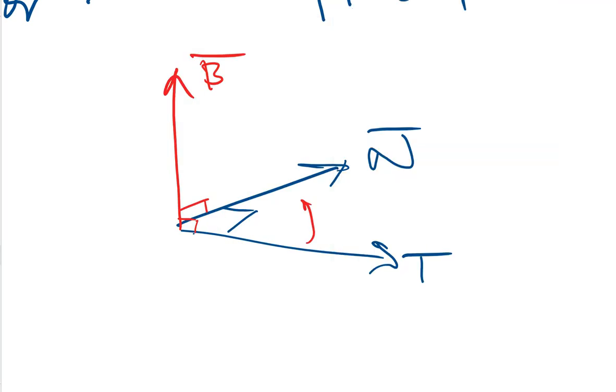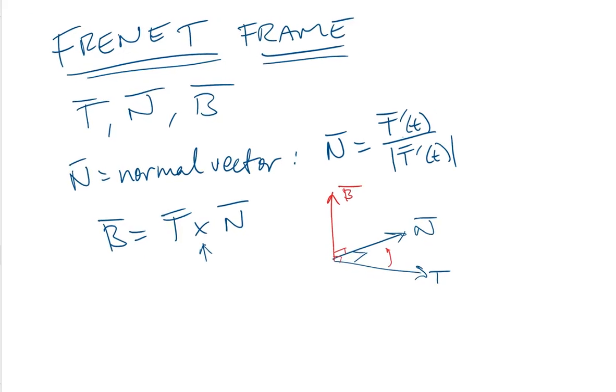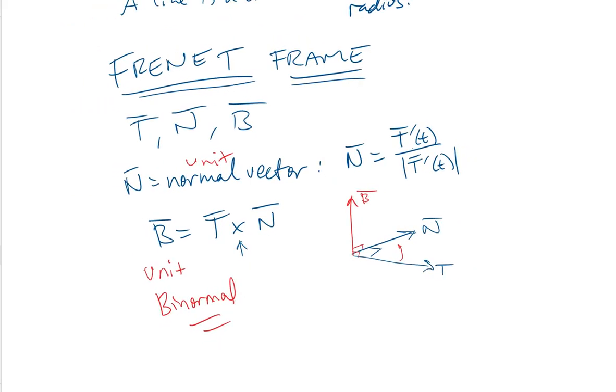So that's the osculating circle and the unit normal vector. This is a unit normal vector and a unit binormal vector. All right, so play around with some of the examples in the book. Learn about the osculating circle and try to read the book and understand this material better.